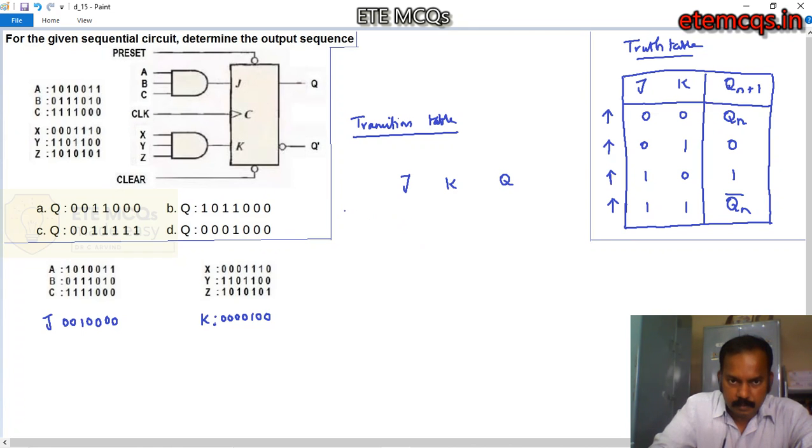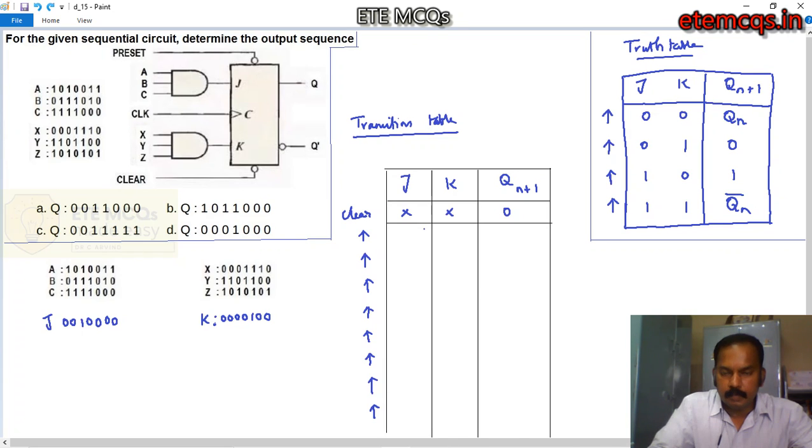Initially, let us assume that all the flip-flops are reset so that clear is enabled irrespective of the value of J and K. Q of n plus 1 is 0. This is the initial case. Now for each and every edge triggering of the clock signal, let us try to find what will be the output sequence.